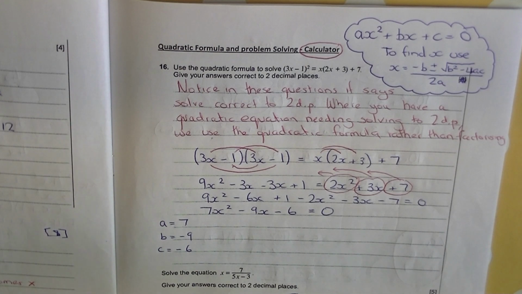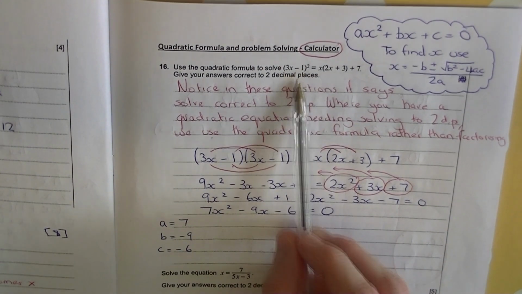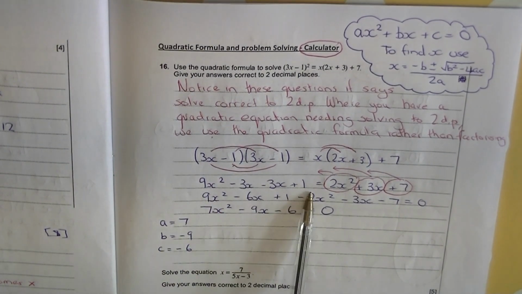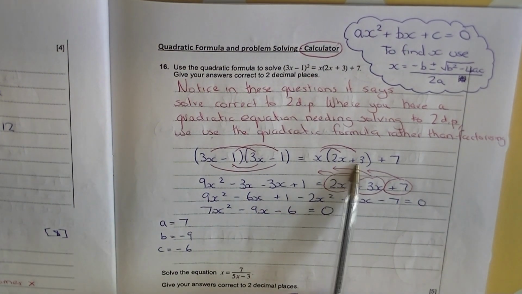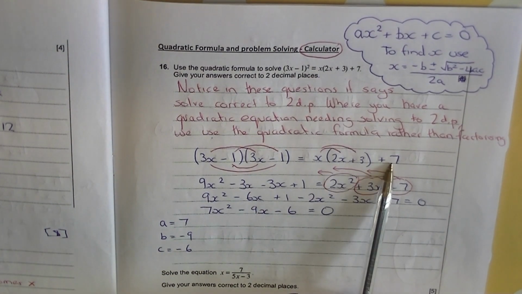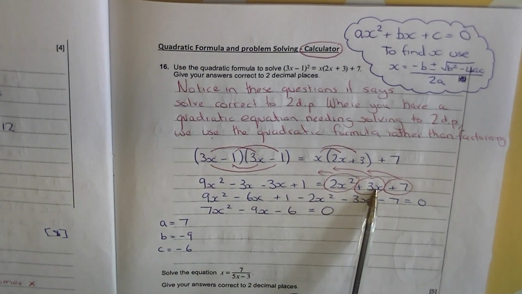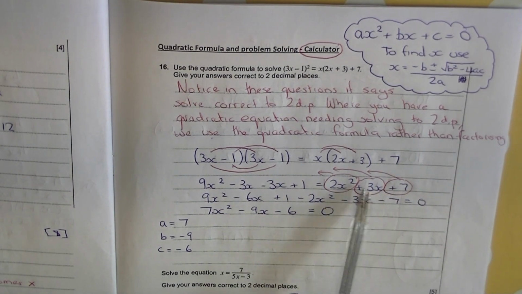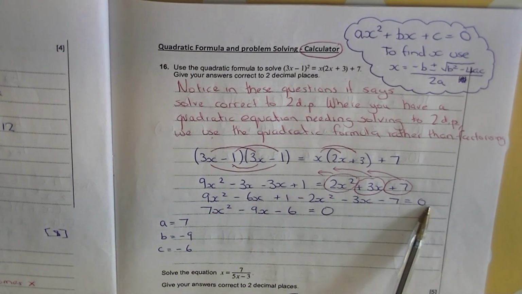Now, in this one, there's a long way to go before I get a quadratic equation. I've got a bracket squared, so I've written that bracket twice and used my smiley face to expand it here. I've got x times this single bracket, which I'm going to expand here, and I've also got plus 7 there. So I've expanded my double bracket, I've expanded my single bracket with my plus 7, and I've made the call here to move these things all over to this side of the equation, leaving 0 there.